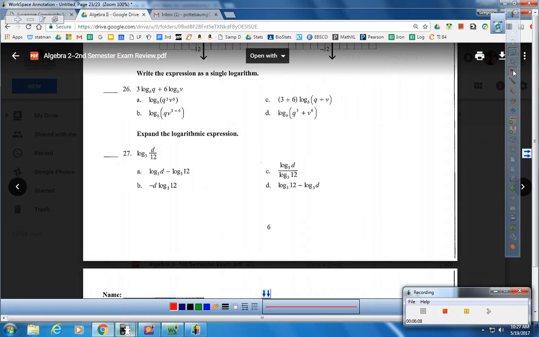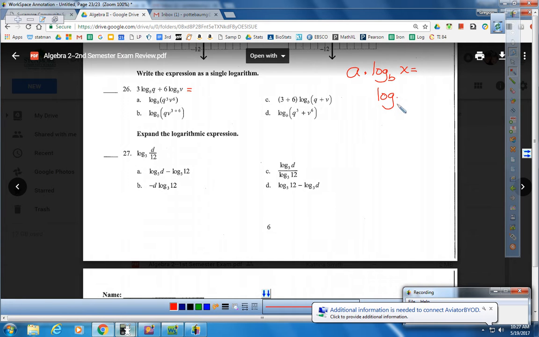Number 26, rewrite this as a single logarithm. Now before I do anything, I have to deal with these numbers out front. Remember, the numbers out front are exponents. So if I have something like A times log base B of x, this is the same as the log base B of x to the A power. And so that's what this is going to become.